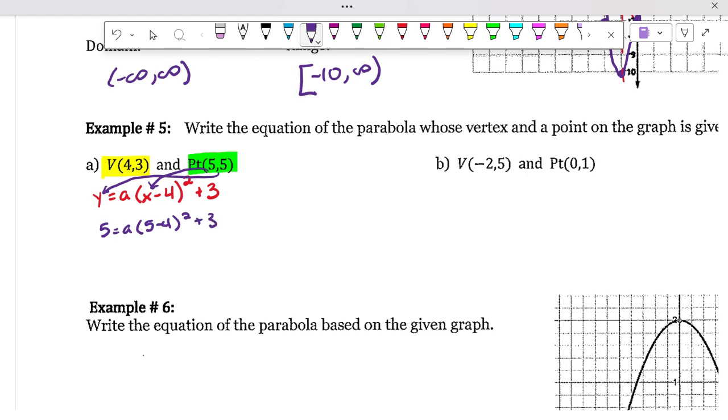Now we're going to do some simplification before we start moving things around the equal sign. So what's 5 minus 4? 1. It's 1 squared? 1. So I have 5 is equal to A, because 1 times A is just A, plus 3. So what's the only thing I have to do to solve for A? Subtract the 3.